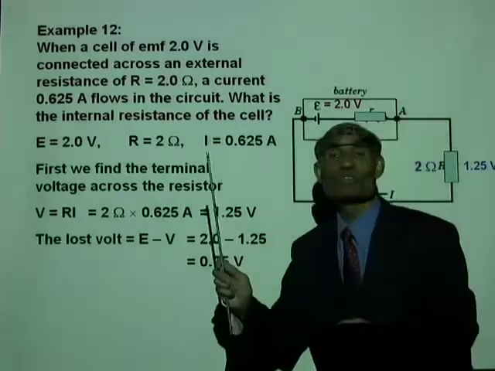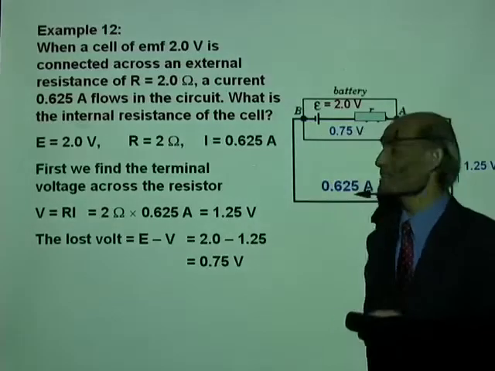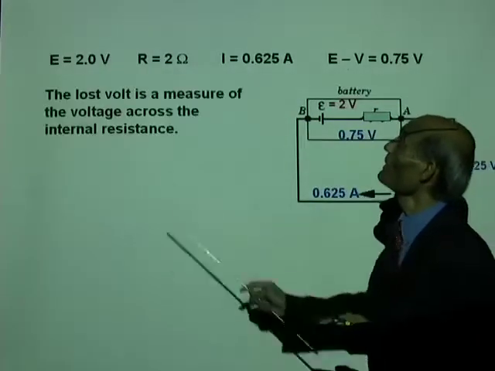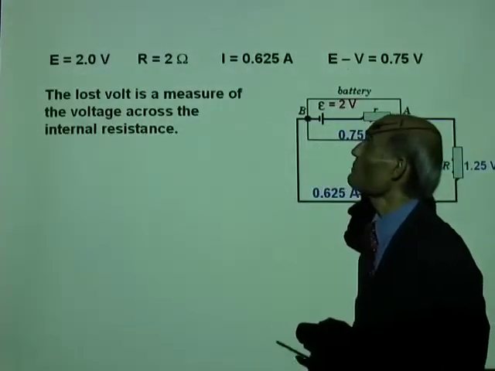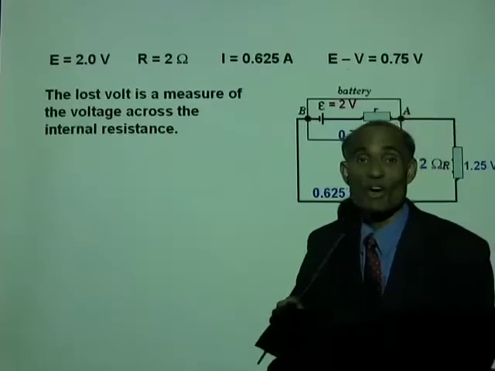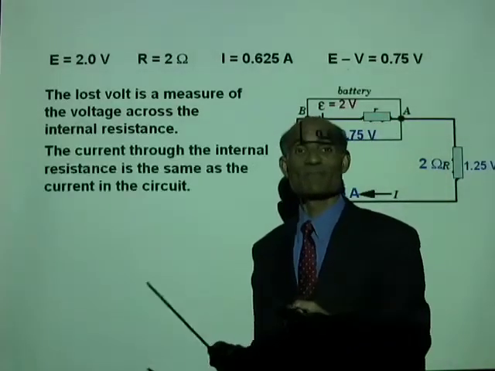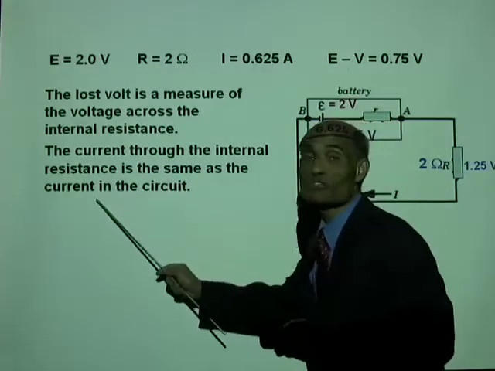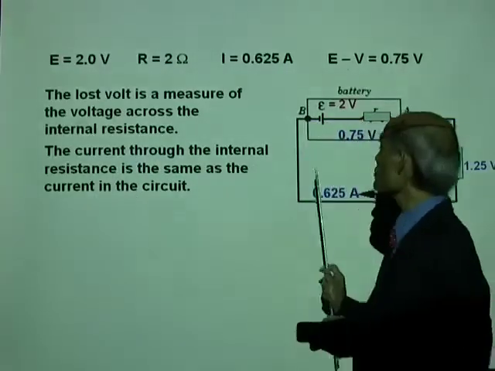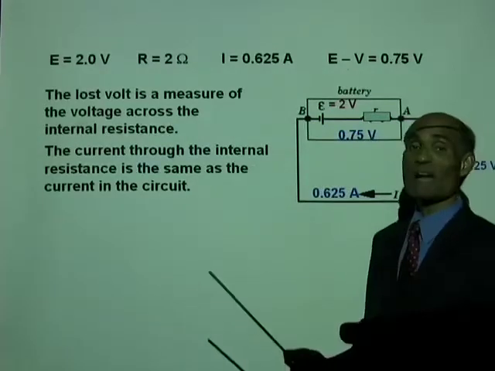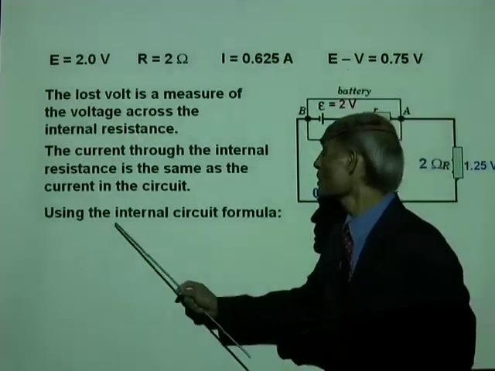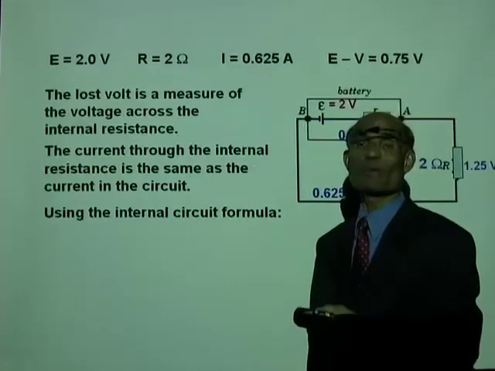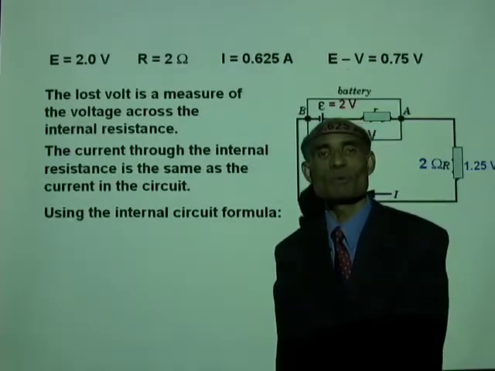So now we can use the internal circuit to solve this problem. The lost volt is a measure of the voltage across the internal resistance. The current through the internal resistor is the same as the current in the circuit, which is 0.625 ampere. So using the internal circuit formula, what is the internal circuit formula?